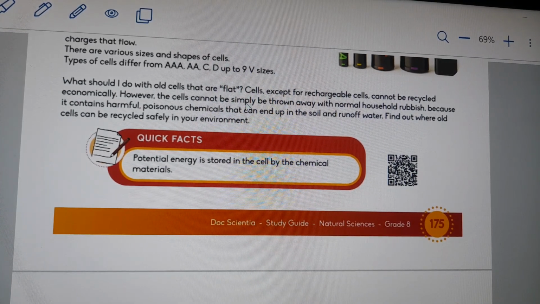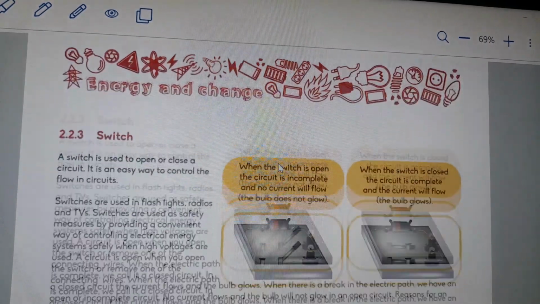However, the cells cannot be simply thrown away with normal household rubbish because they contain harmful poisonous chemicals that can end up in the soil and run off water. Find out where old cells can be recycled safely in your environment. Potential energy is stored in the cell by chemical materials.